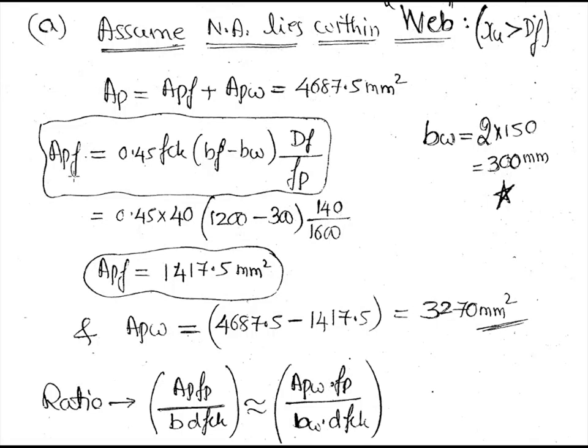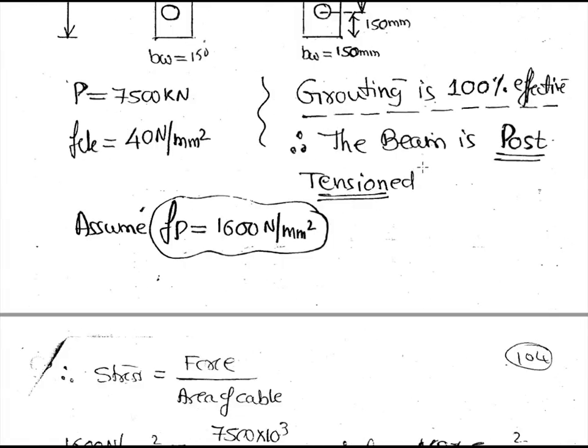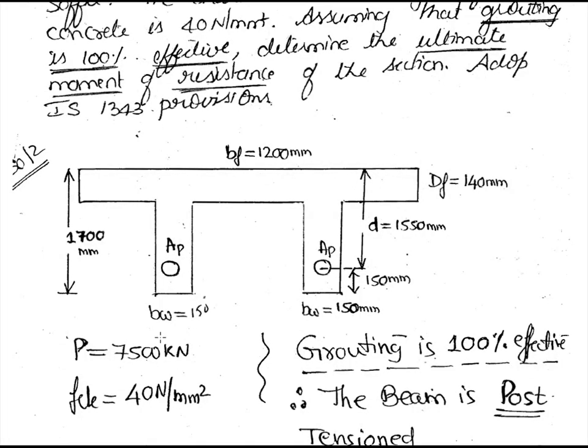We also have this formula, APF is equal to 0.45 FCK into BF minus BW into DF by FP. Here one thing you should note down, that the width of the beam, that is BW, is taken twice because we have two webs. One web the width is 150 mm.